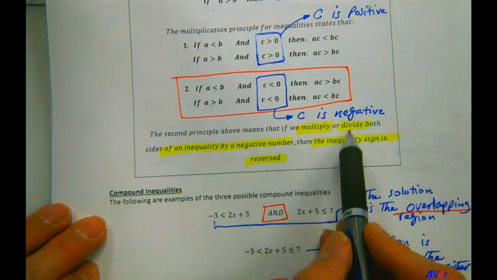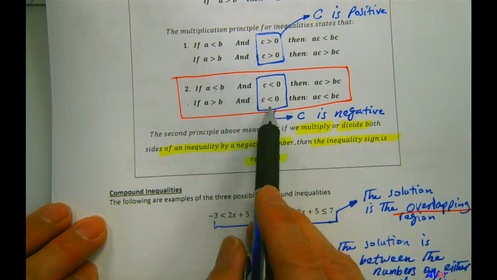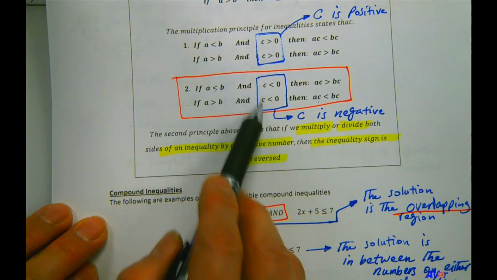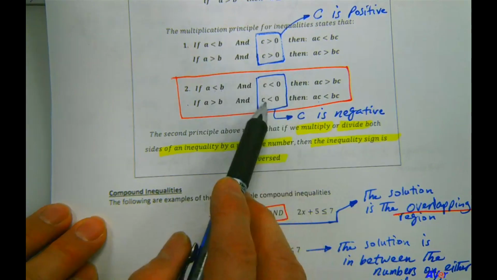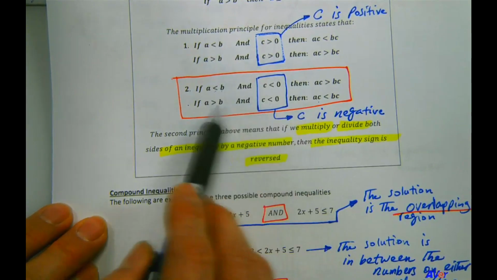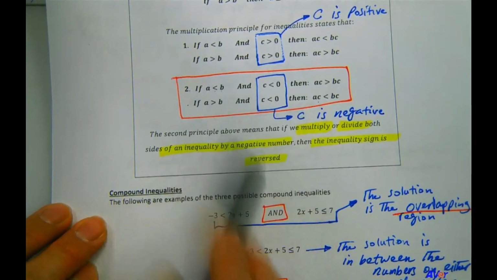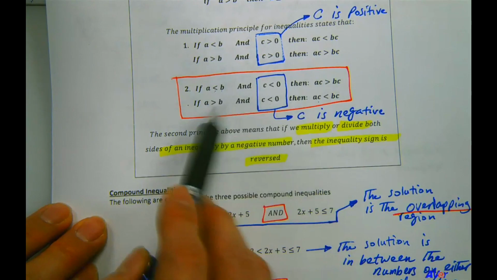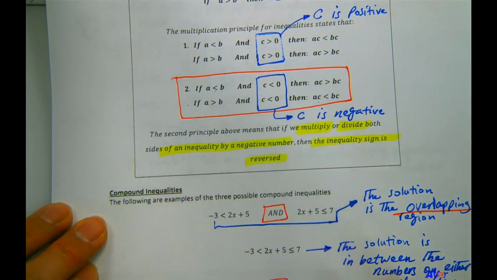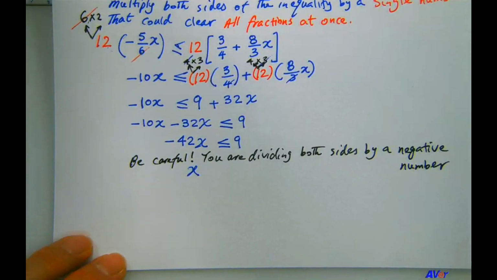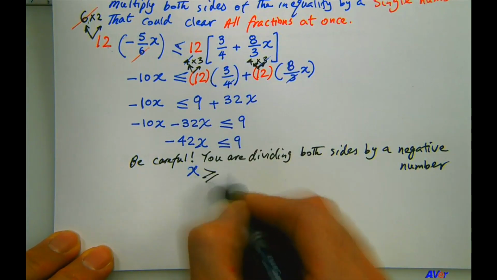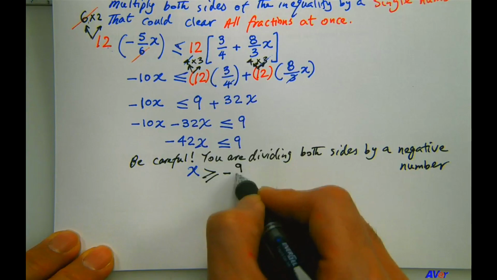When we multiply or divide both sides of an inequality by a negative number, c being that negative number, whatever negative number, then the inequality changes direction or reverses itself. So if it was less than, it becomes greater than. If it was greater than, it becomes less than. Okay, it's that rule.